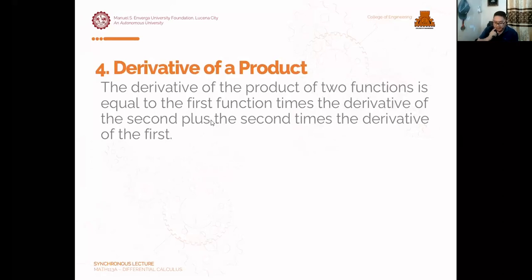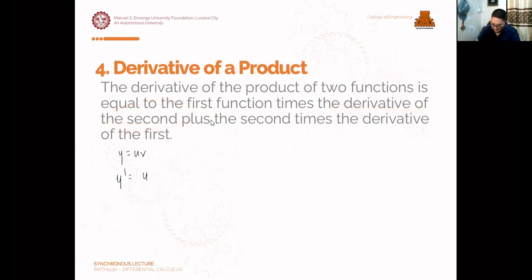Pero ganito na lang. Let's say meron tayong function is equals to u times v. Okay? So, para daw since itong dalawang to is dalawang variable siya, no? Dalawang variable na magkaiba, u at v, ang derivative daw niya is equals to the first function. So, ito yung derivative natin. So, kopyahin mo lang daw yung first function times the derivative of the second function.